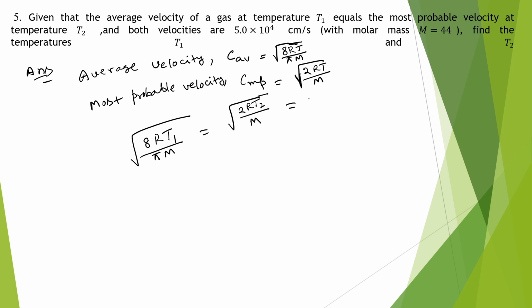The value is given as 5 times 10 to the 4. Now, molar mass is given. So, root over 8RT1 by pi, and the value of m is 44. Remember, this 44 is given in gram, so we need to convert this into kg. So, we have to multiply this by 10 to the minus 3.